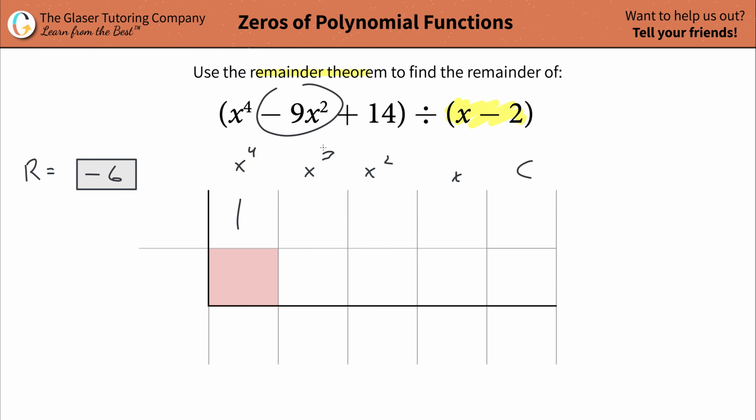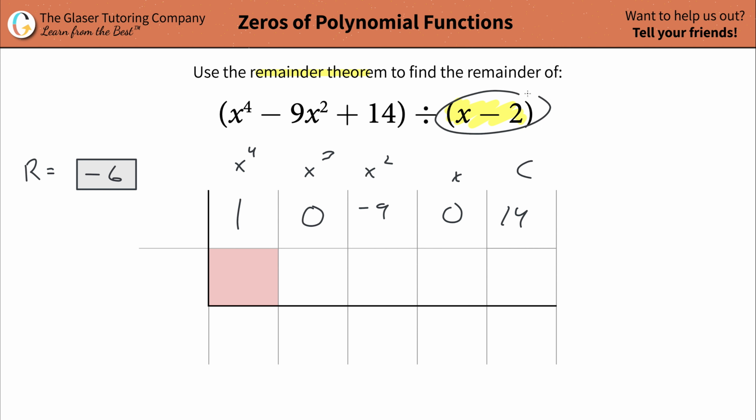There is no x cubed, therefore it's a 0. The coefficient of your x squared term is a negative 9. Then 0, there's no x, and then 14. I'm running through this because that's not really the point of this video. But if you need help on synthetic division, we have like 40 videos out there. Check out our channel and go into the pre-calc playlist section.